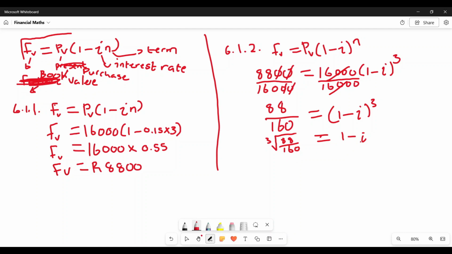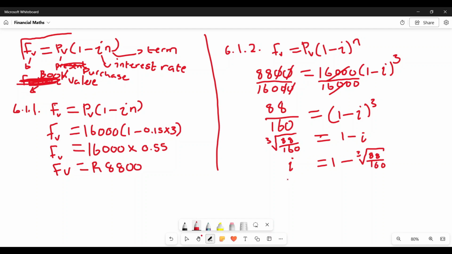So what I will do here is take my interest rate represented by i to the left, and then the sign will change to positive from the negative, and I will leave the 1 here and take the cube root to the right hand side, and then I'll have 88 divided by 160.